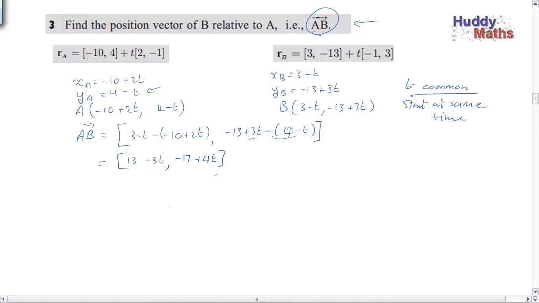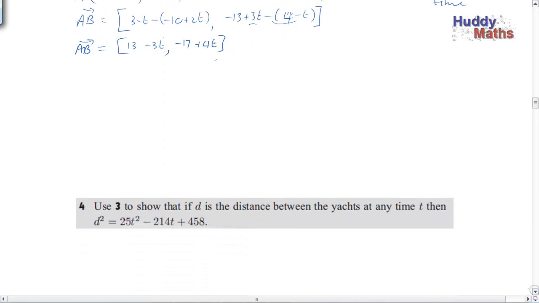Okay, that's our vector AB. I think in the next part we need to do some work with it. So, how are you going? Get the idea of parametrics there. So let's just go down a bit now and see what else they want us to do.